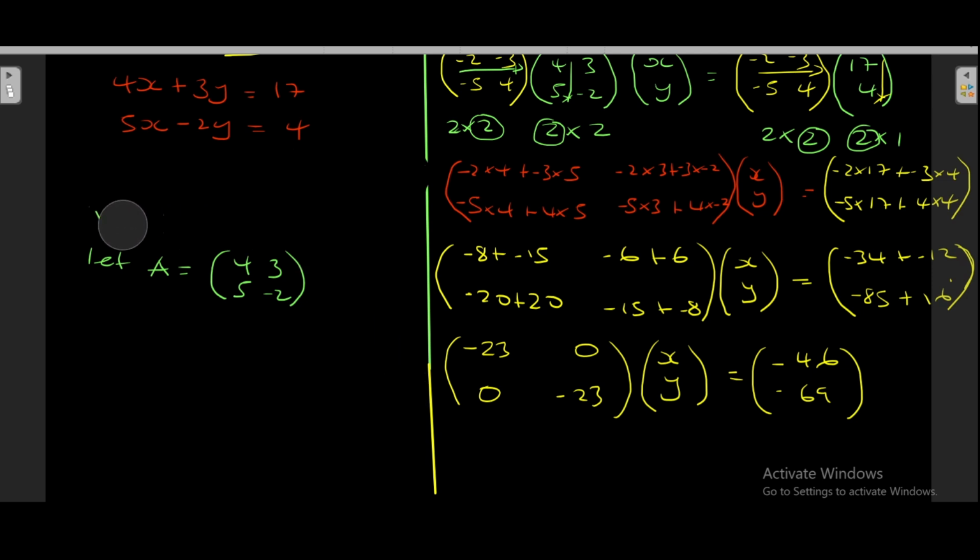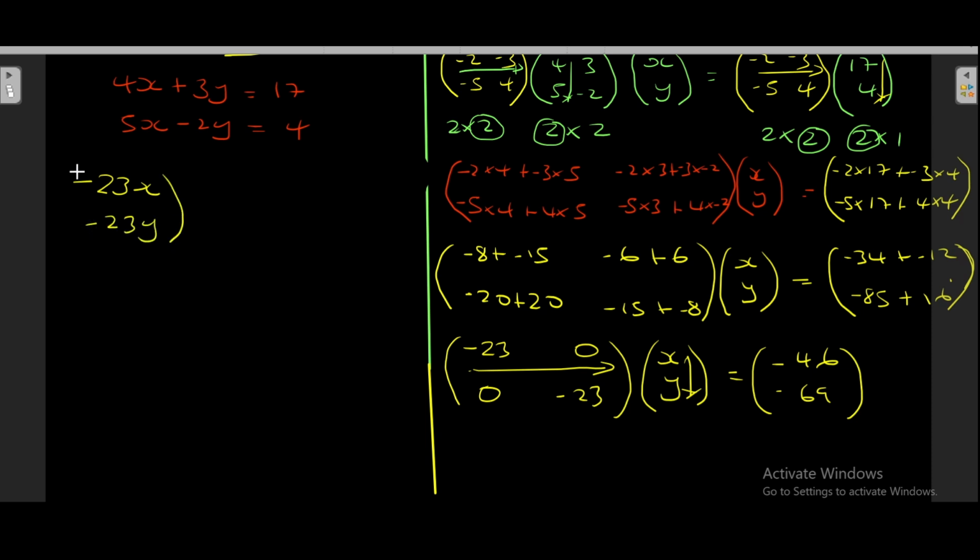Okay, now since we have that, let me rub off here so that we can create more space where we can work from. Since now we have created this concept, if I multiply this with this one here, I'll end up having negative 23x and also negative 23y. This will be equivalent to our expression, which is negative 46 and negative 69.